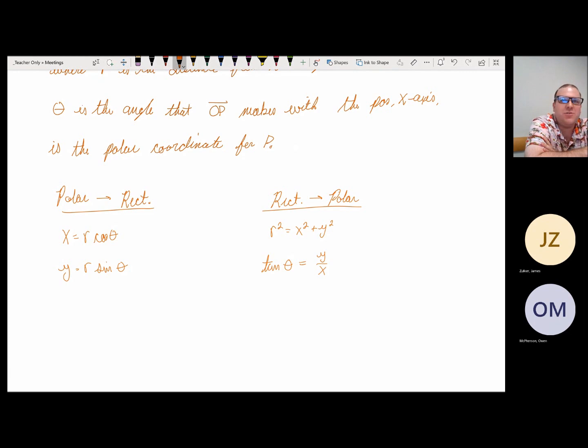Even if we ignore the custom of 0 to 2 pi, that still only gives you quadrant 4 and quadrant 1. You actually will have to look at the values for y and x to determine how to proceed to find theta. If y and x are in quadrant 1, you're done. Just take the inverse tangent. If in quadrant 4, theoretically, you're done. You can just take the inverse tangent, unless I specify theta has to be between 0 and 2 pi, then you have to add 2 pi to it. If you're in 2 or 3, you're going to have to add pi to the inverse tangent.